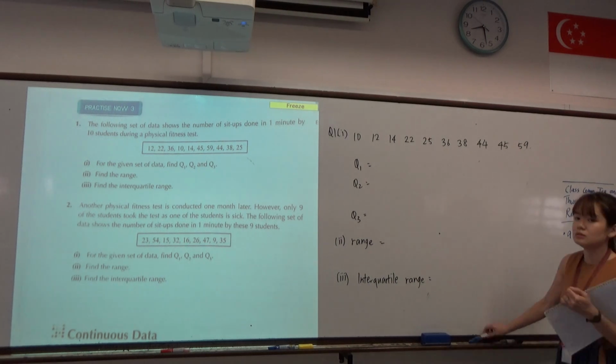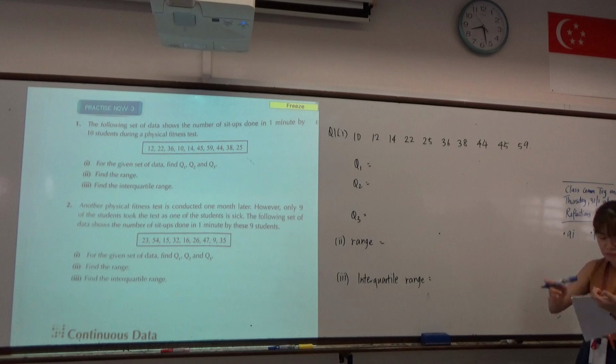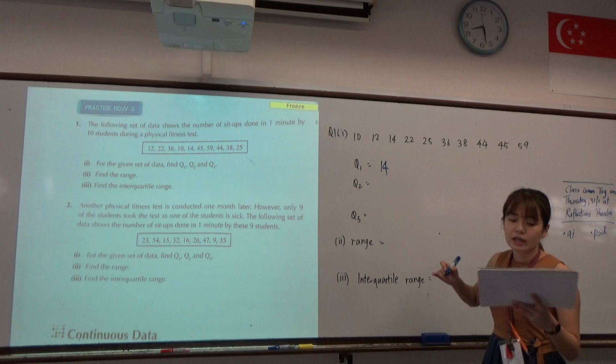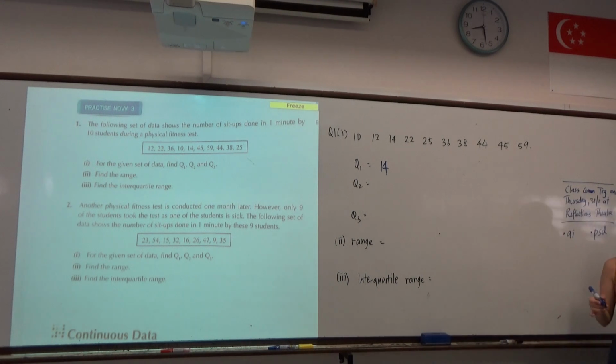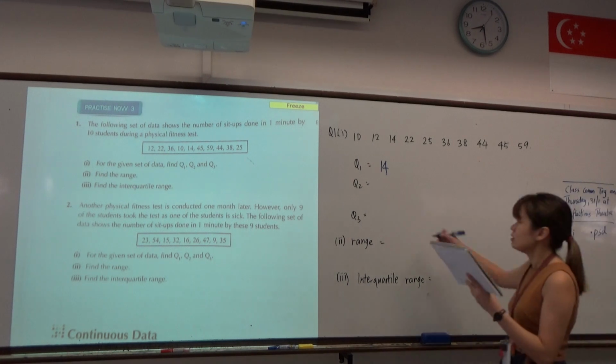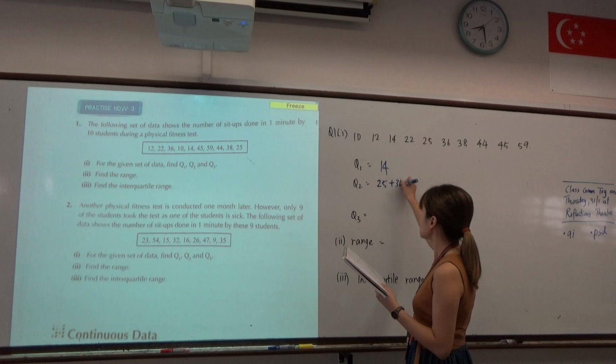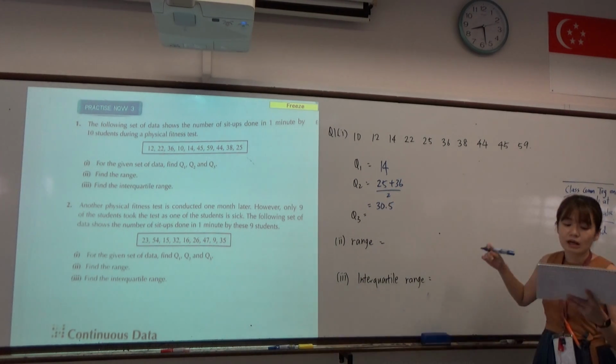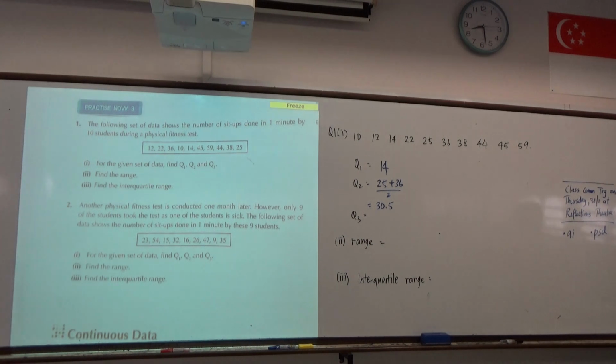What's the first quartile? 14. Then after that, part 1, median. What is the median going to be? Sorry, 30.5. So we take 25 plus 36 over 2, 30.5. And then after that, third quartile, what's the answer? 44.